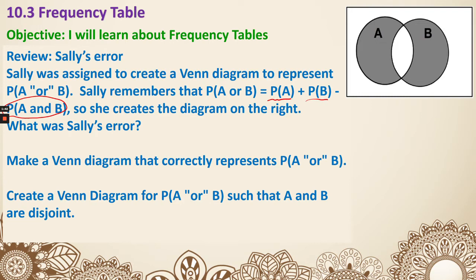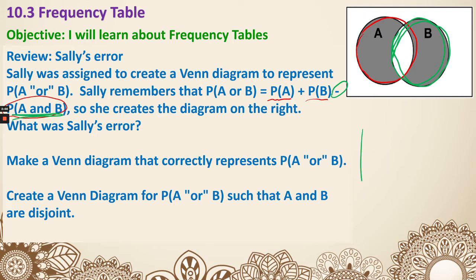That is not quite right, because the probability of A is the part on the left side, and the probability of B is the part on the right side. So we have counted the middle part twice. Even though we subtracted one of them, we still have the middle part left.